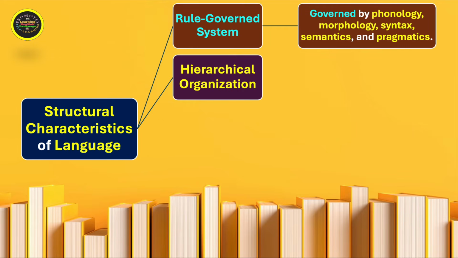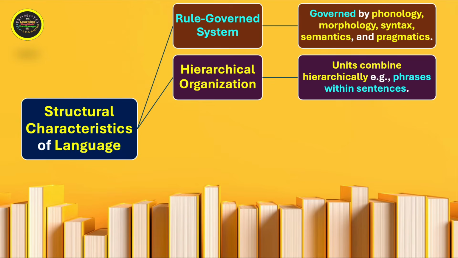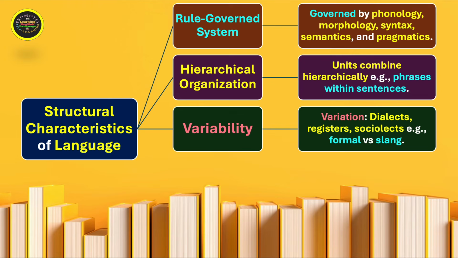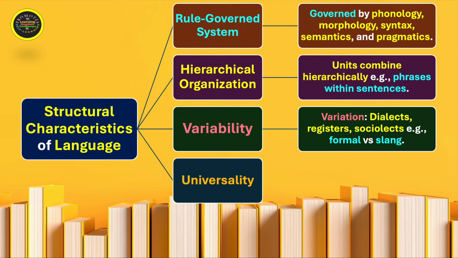Next point, hierarchical organization. Language is also made up of units which combine hierarchically, such as phrases within sentences. The third point is variability. It refers to the idea of variation in language, such as dialects, registers, sociolects, for example, formal versus slang, and so on. Then we have universality.